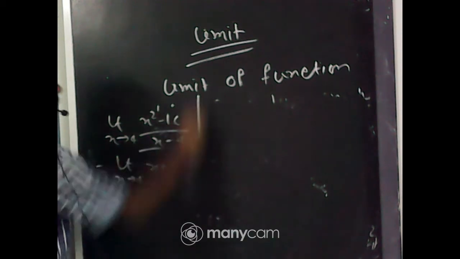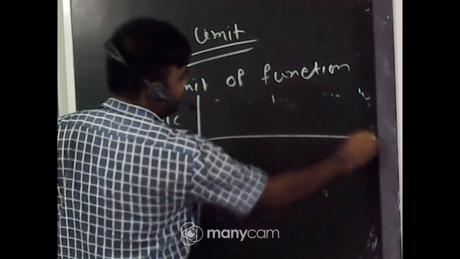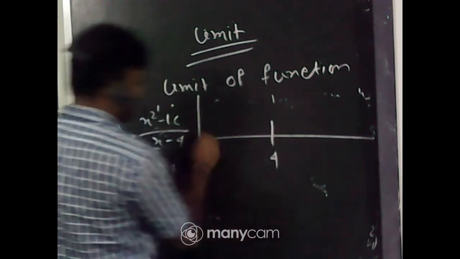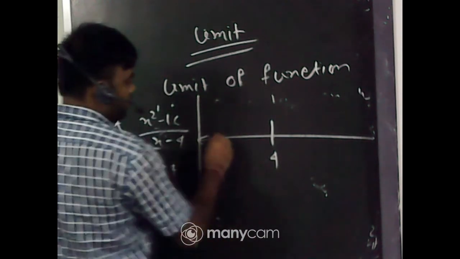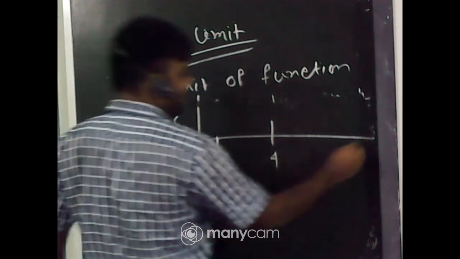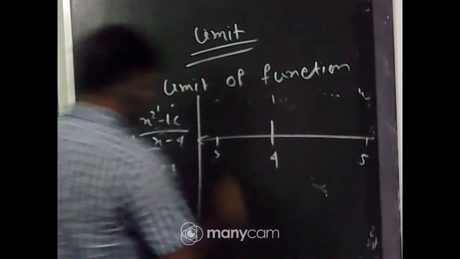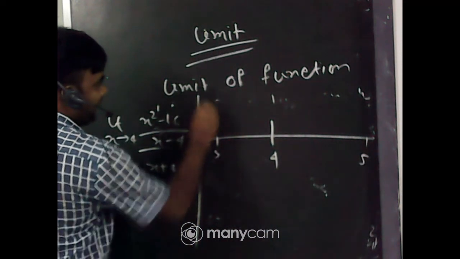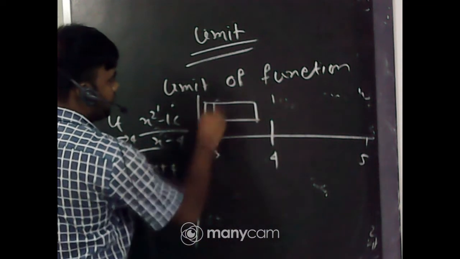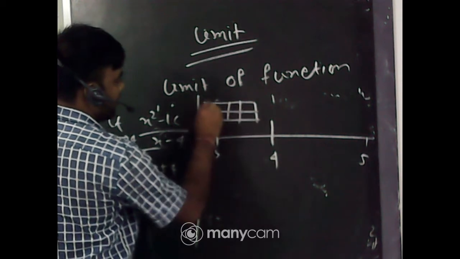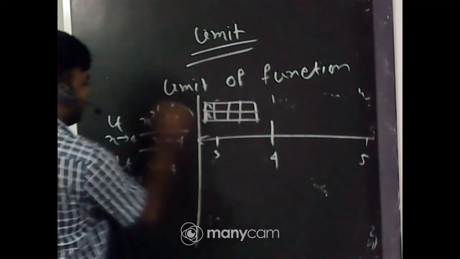Now here is 4 on the number line, here is 3, here is 5. On the left hand side, I am making a box of x and f(x). That function is f(x).